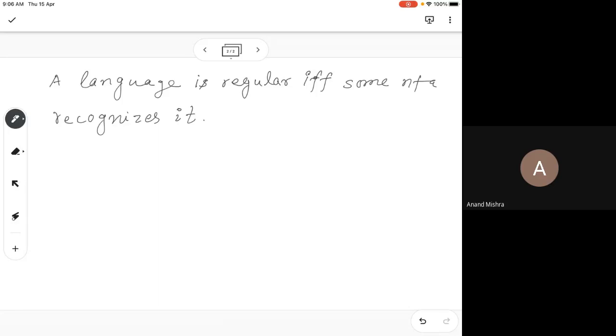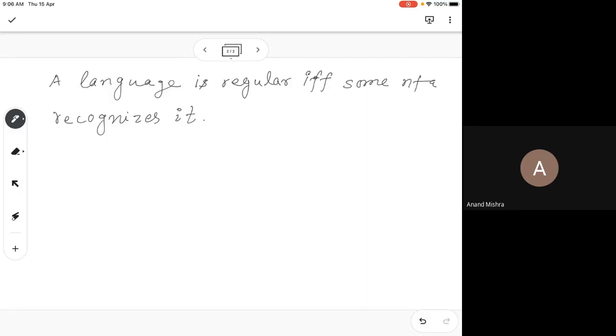Now this is coming slightly differently. So what is the forward side? The forward side is: a language is regular if and only if some NFA recognizes it.